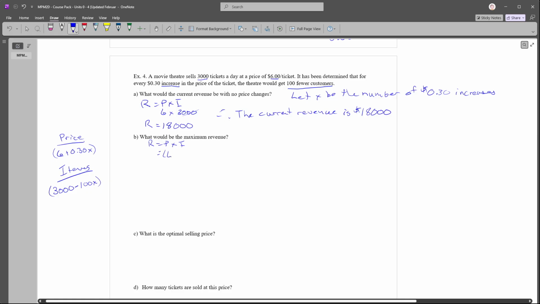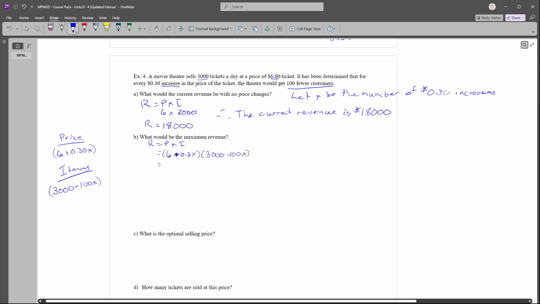So we have 6 plus 0.30. We can just use 0.3x, and then multiply by 3,000 minus 100x. Okay, we got to expand.